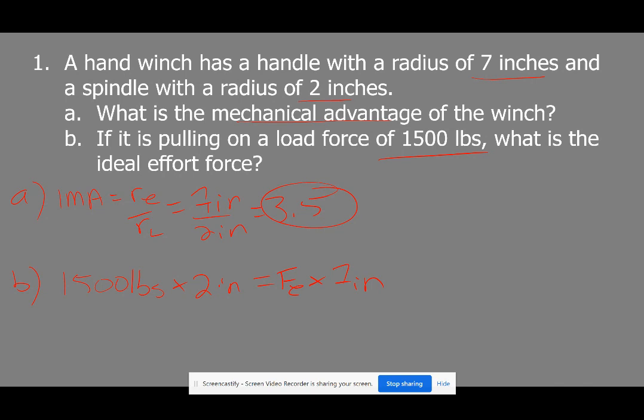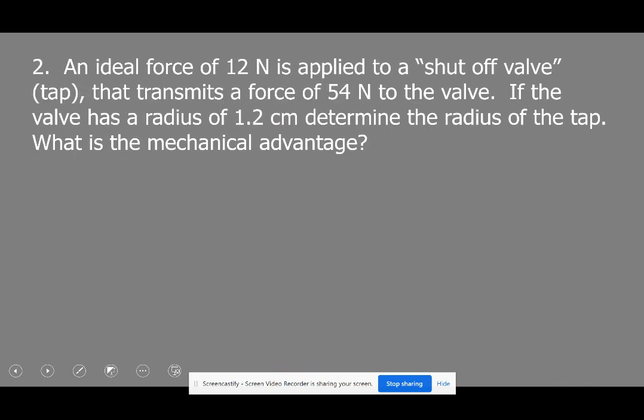Type in 1,500 times 2 divided by 7, and that's going to give me an effort force that's still quite high, about 430 pounds if I round it for the right number of significant digits. That's about as hard as the wheel and axle gets. Sometimes it's hard to identify which one's the effort radius and which one's the load radius, so send me a message if you have any trouble with that.